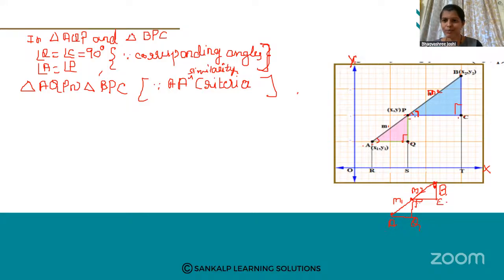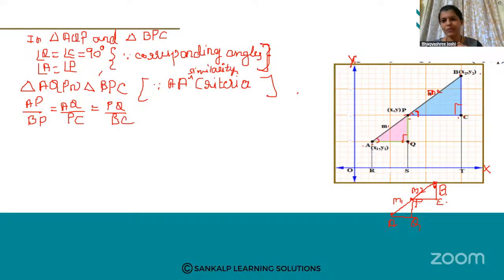These all are corresponding sides. AP divided by BP is equal to AQ divided by PC, is equal to PQ divided by BC, right?